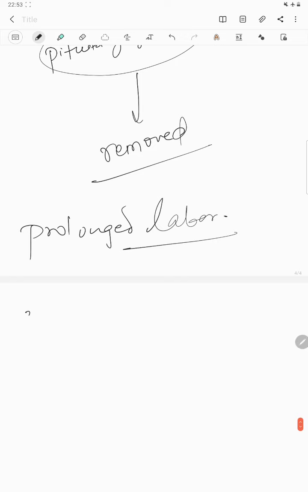Fetal cortisol and oxytocin secreted from the fetus increase contraction and help in parturition.